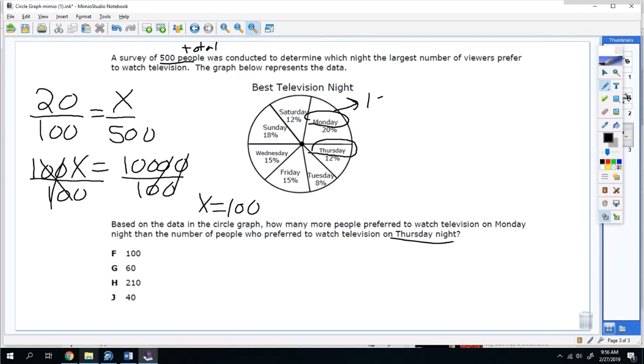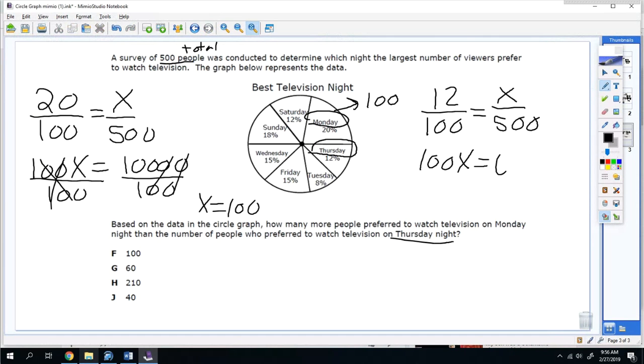So Monday is 100. Thursday is 12% over 100%, which is equal to x over 500. So you cross multiply, you get 100x, and you're going to do 12 times 500, which is 6,000.